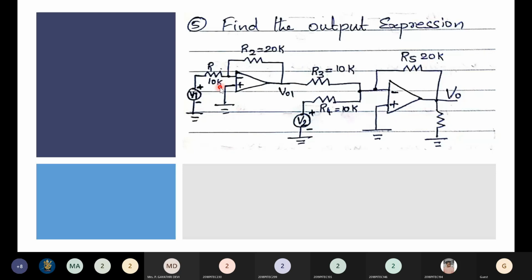So you will get what is V01. So with V01 and V2 as the two inputs to this adder, it is minus 20k by 10k into V01 plus minus 20k by 10k into V2.